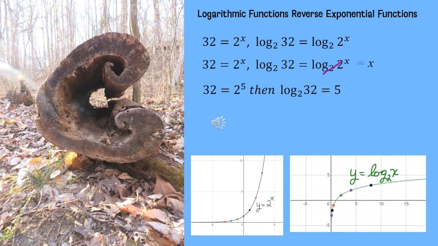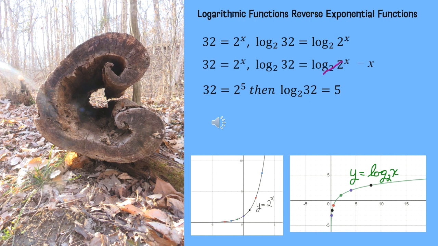It's the reverse operation. If you want, you could also get used to kind of canceling out the log base 2 with the exponential base 2, because inverse functions cancel each other out. That's their job. So you may want to develop that little habit of crossing through the log and the base of the exponential function to illustrate to yourself they cancel each other out and give you what the input was.